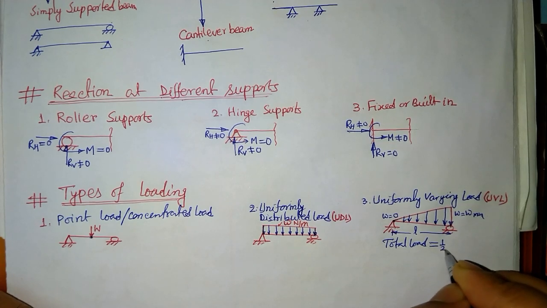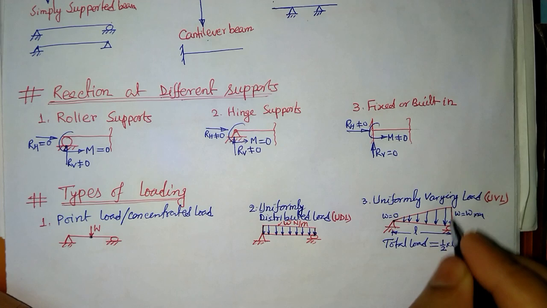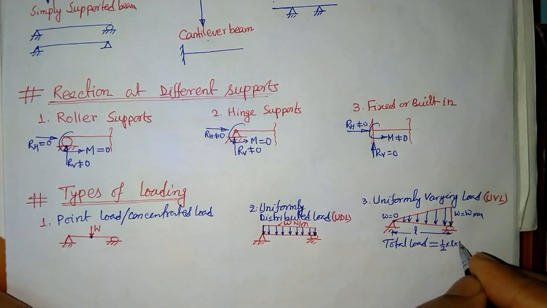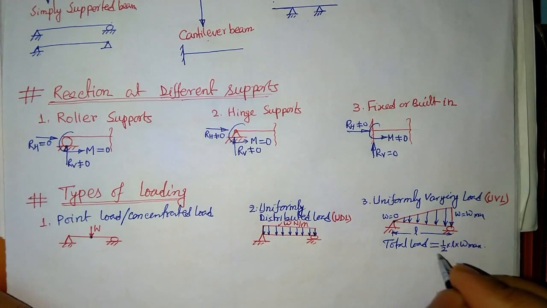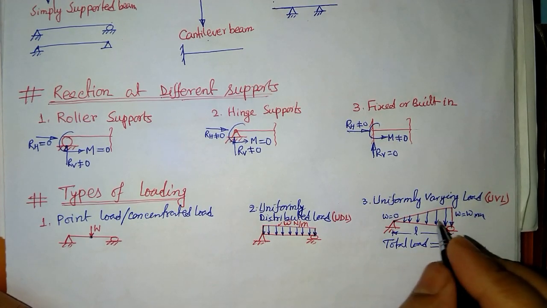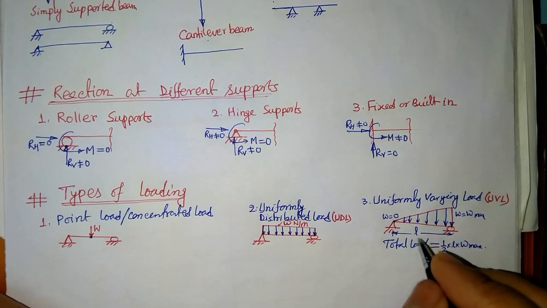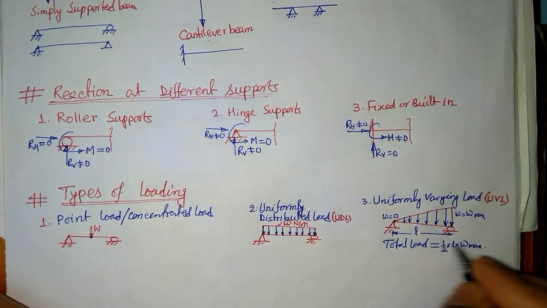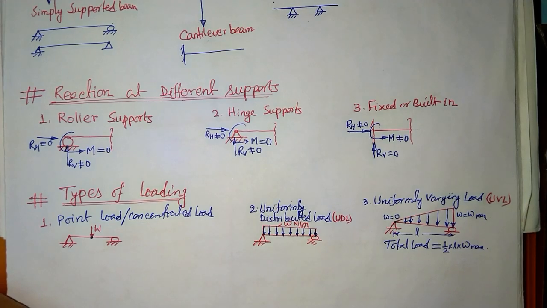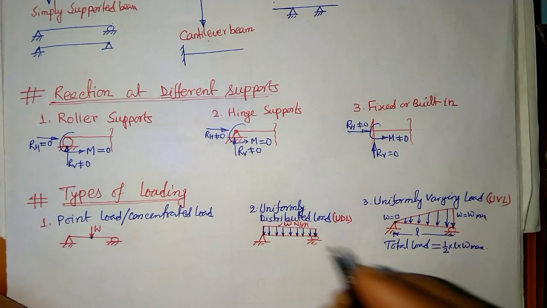Half into base, that is L, into height, that is W max. So this is the total load for uniformly varying load. If uniformly varying load is there, then we find the magnitude of total load by this formula, that is simply the area of the load.